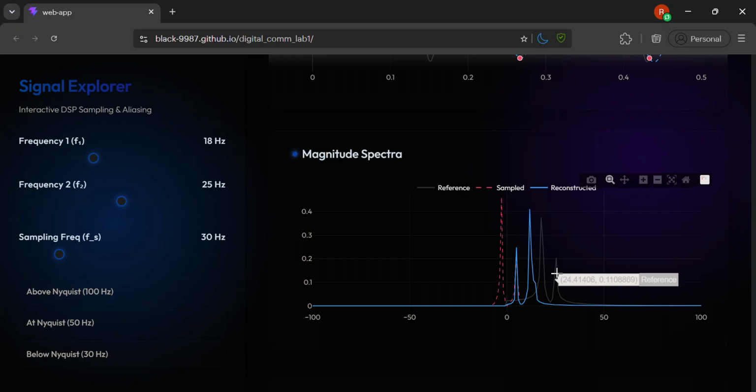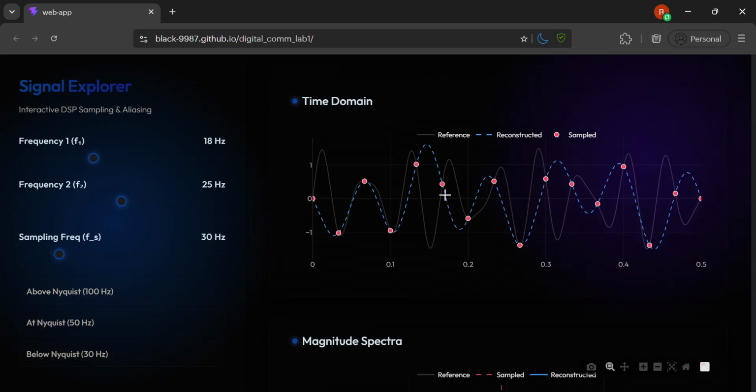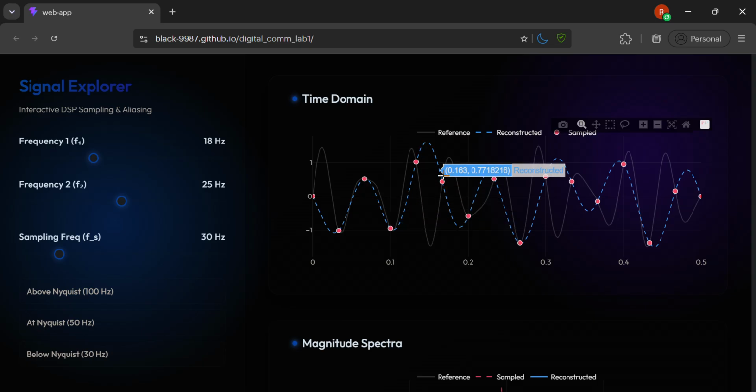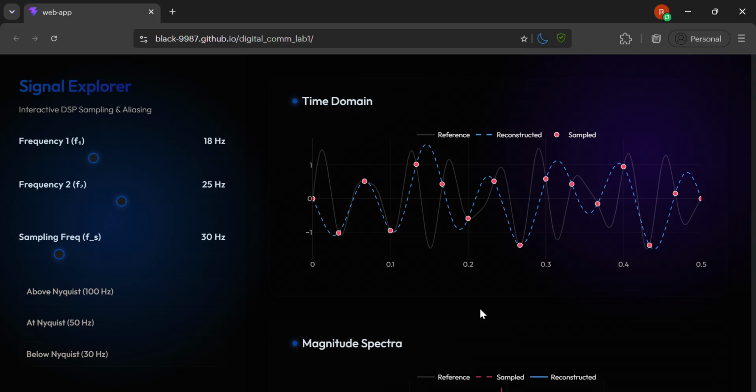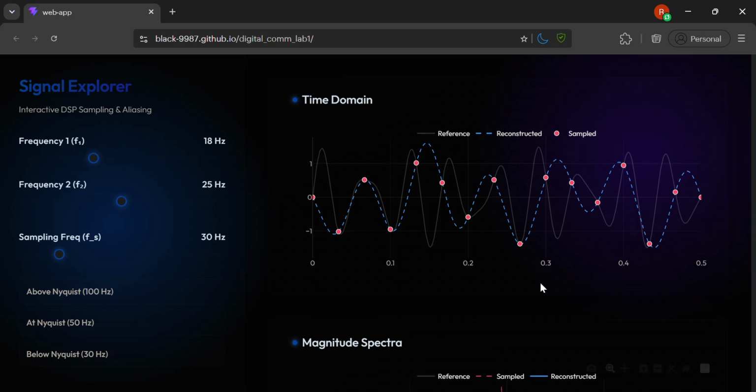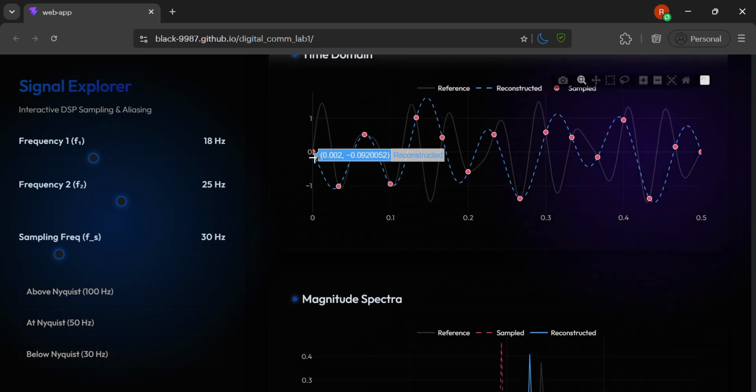The tool then creates the actual sample points according to the selected sampling frequency. These are the red points that we can see on the time domain graph. After that, the tool uses those samples to generate a reconstructed waveform using sinc interpolation.